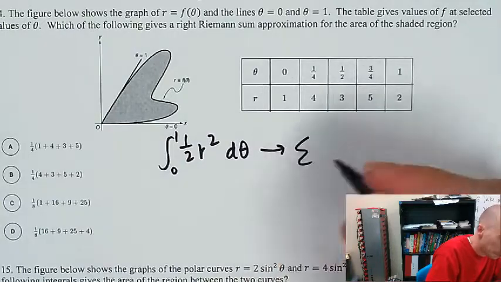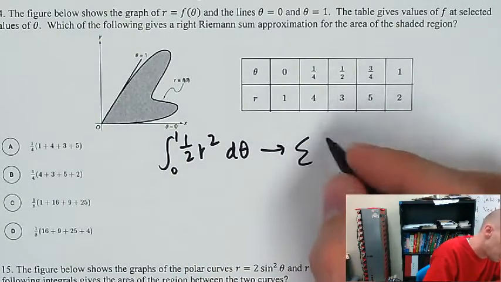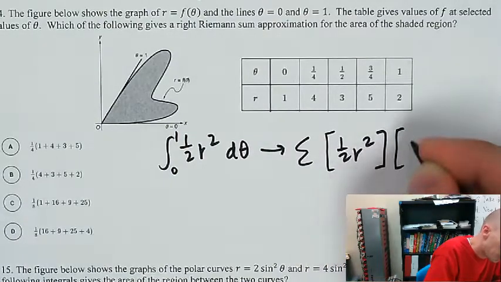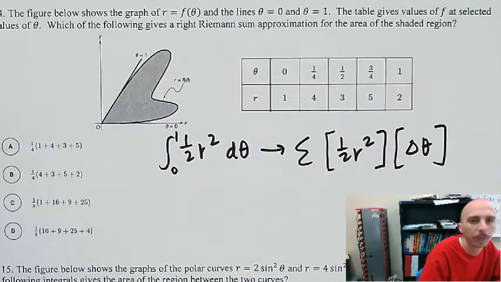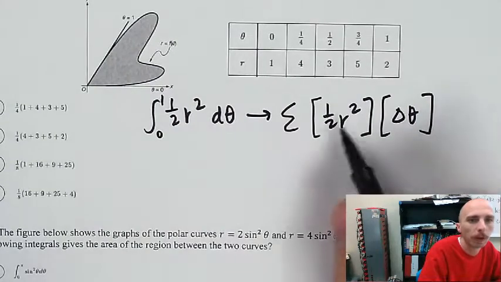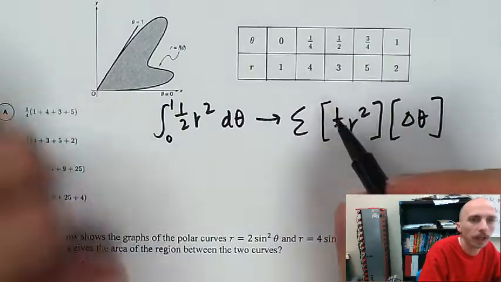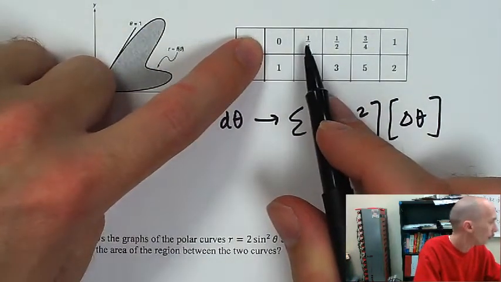Well, what that is going to turn into as a Riemann sum is the sum of 1/2 r squareds multiplied by delta thetas. If I'm using a right Riemann sum, I'm going to take my r value from the right edge of each subinterval. And so, each subinterval will have width 1/4.